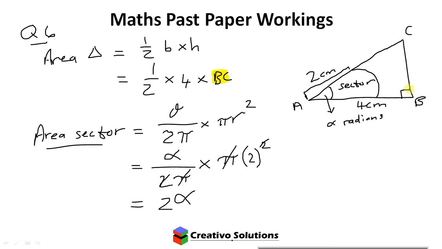Okay, so then we need the area for the triangle. Pythagoras could work if you had the hypotenuse, but you don't have the hypotenuse. You've got 4 centimeters as the base, and you've got an angle. So I'm looking for a side. I think we can use the cos rule. Let's check what the cos rule was again, because the cos rule gives us a side.